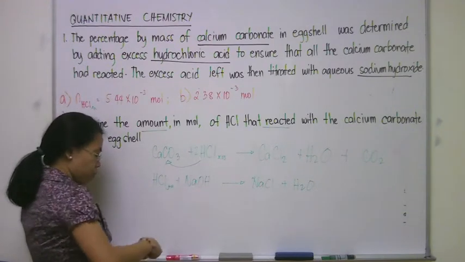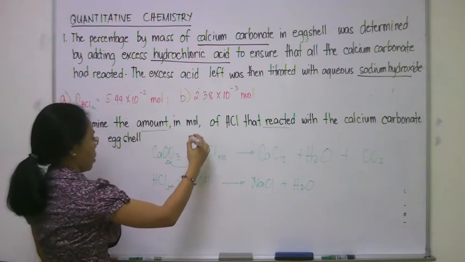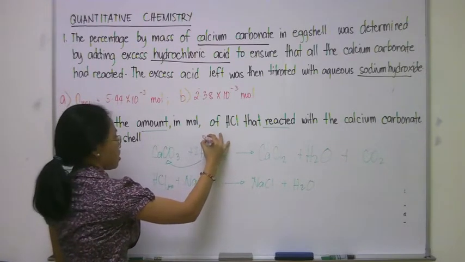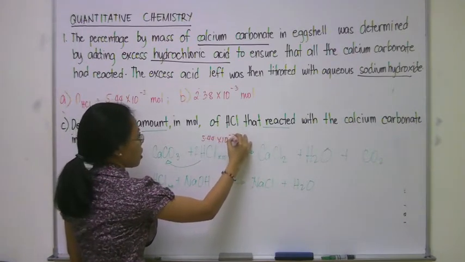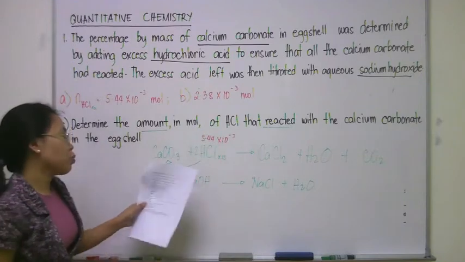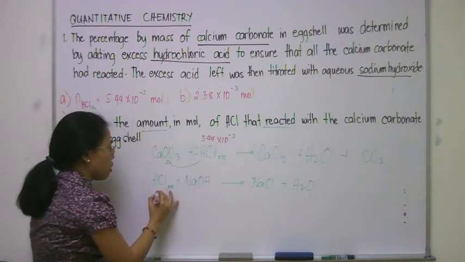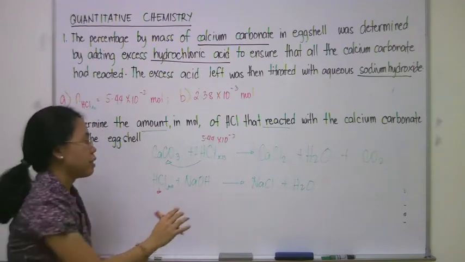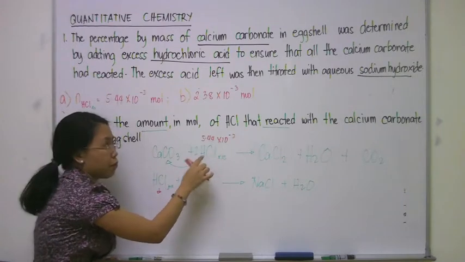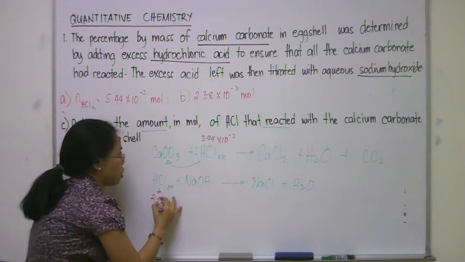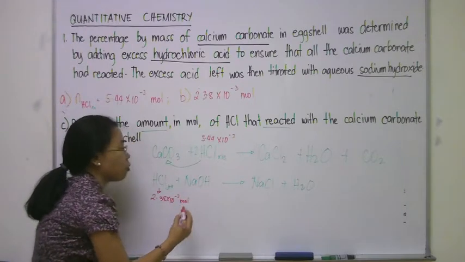So from our previous work, we were able to solve that this is 5.44 times 10 to the negative 3, which not all of them is reacted with calcium carbonate. And we also found out that the amount of HCl that is left or remained from the reaction is 2.38 times 10 to the negative 3 moles.